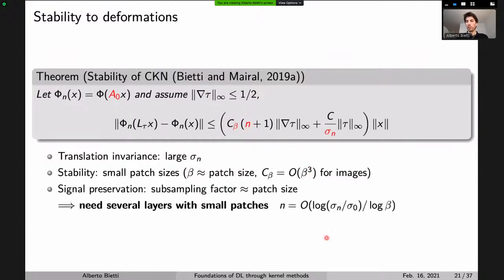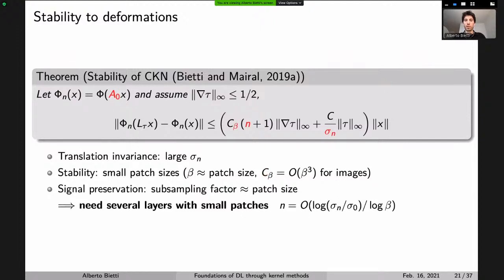If you want something small on both terms, you can typically take the number of layers to be logarithmic in sigma n divided by sigma 0. So the number of layers grows very slowly with the invariance that you want, whereas the patch size is what most affects stability. The n here also depends on beta, but in a very minor way. What's important is to control this C beta term, which is small when you have small patches.